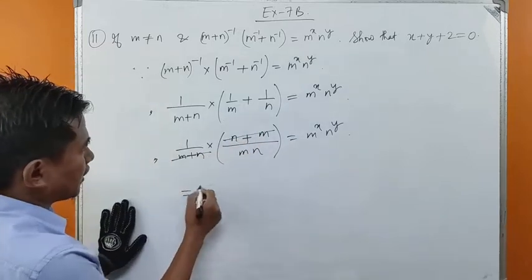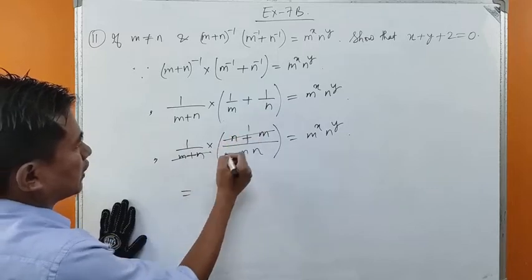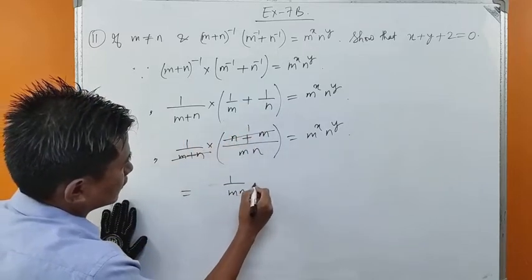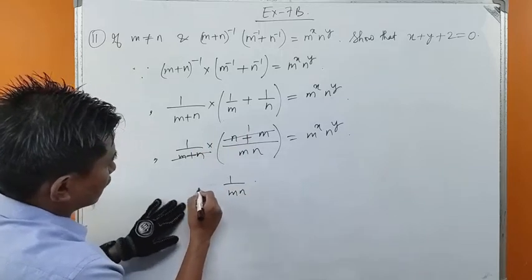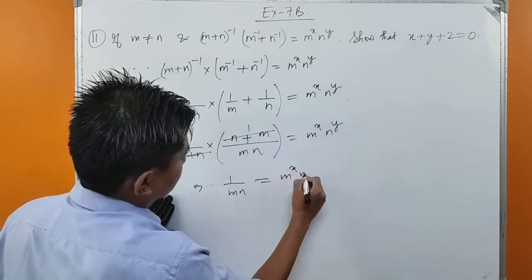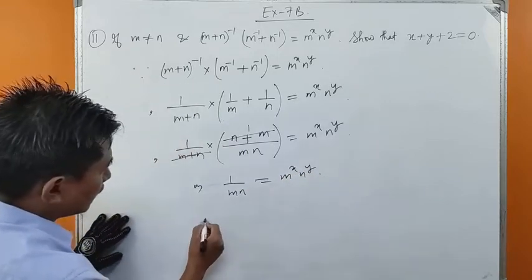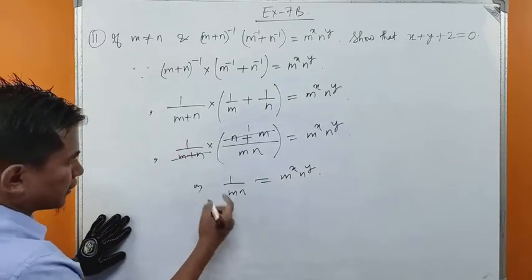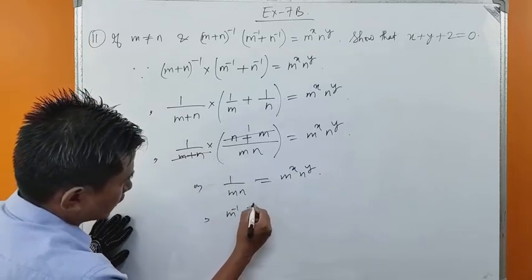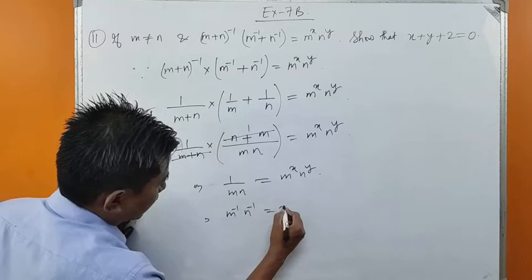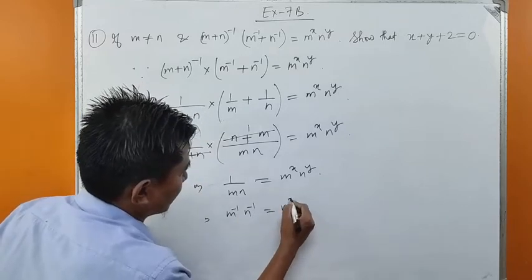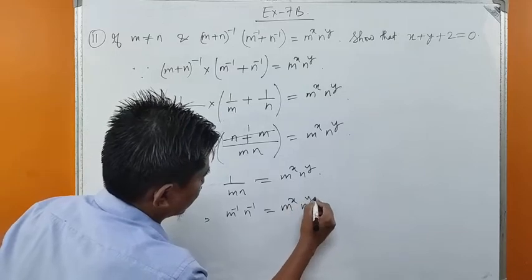So we have 1 into 1, 1 into 1 is 1, 1 upon mn equals, we must write equals, m to the power x, n to the power y. Now we take this m to the numerator, m to the power minus 1 into n to the power minus 1 equals m to the power x, n to the power y.